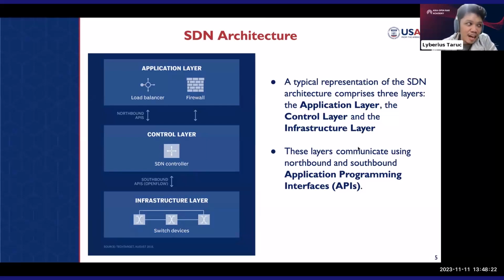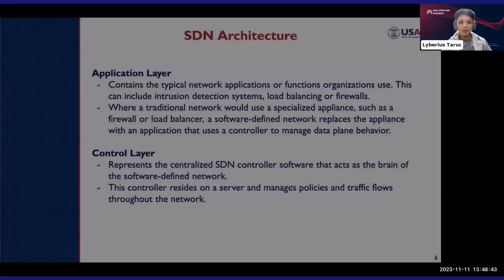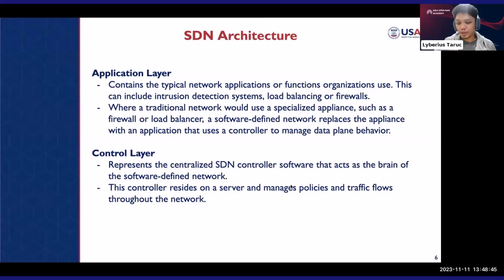More of these in module 3. So I won't be discussing what OpenFlow is as a protocol, but just keep in mind that OpenFlow is just one of the many southbound interfaces used by the controller to communicate with the switches. So those are the high-level descriptions of each.